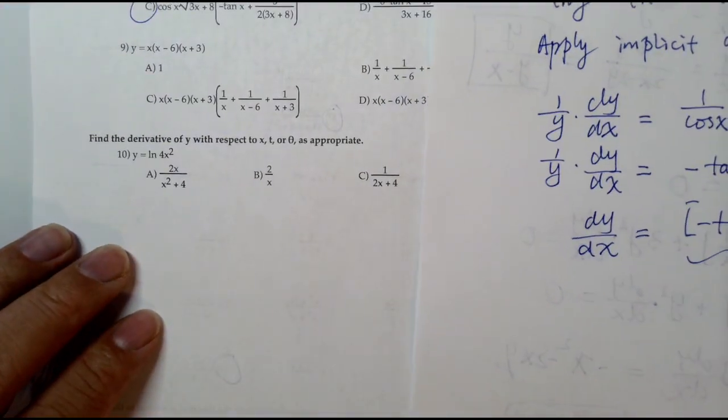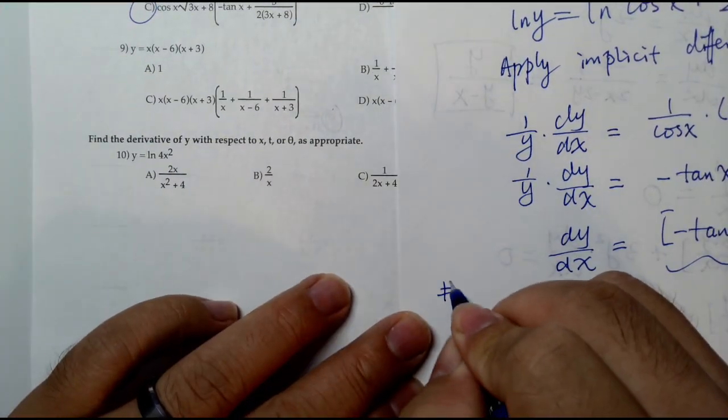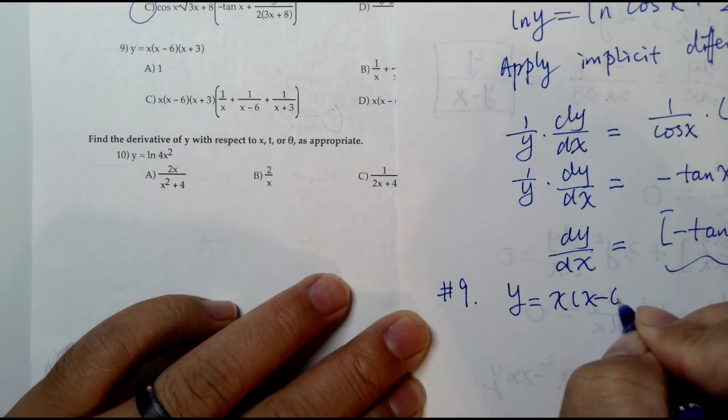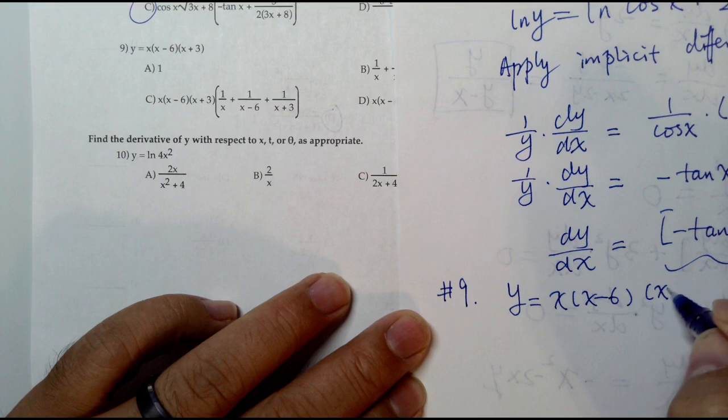Number 9, almost there, right? So number 9 is y equals (x minus 6)(x plus 3).